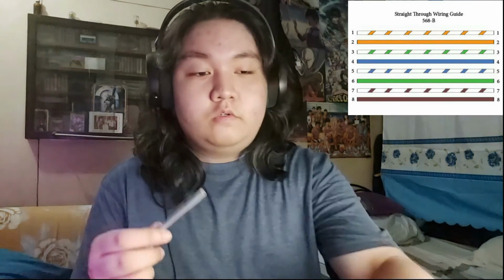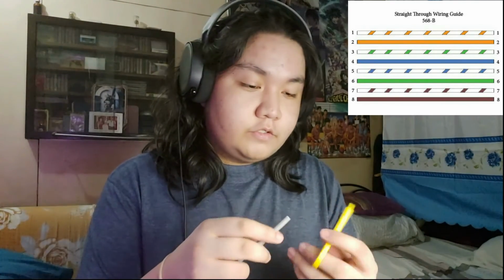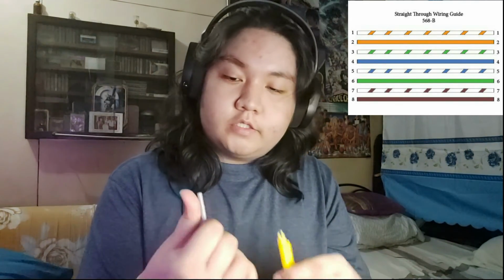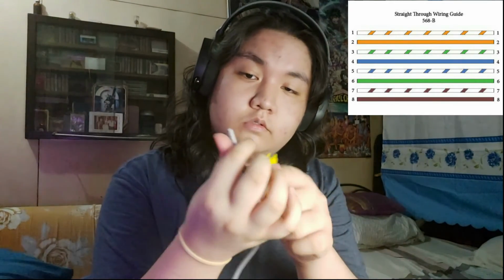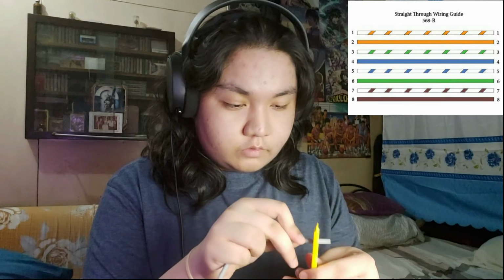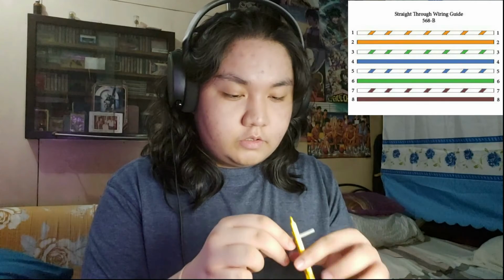First, all you need to do is strip at least 1 inch from this wire, then simply strip this.